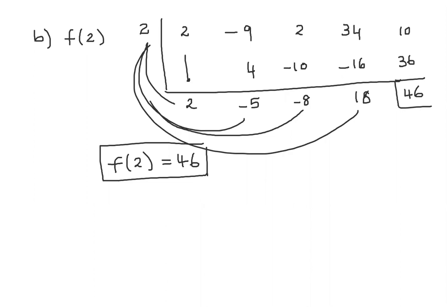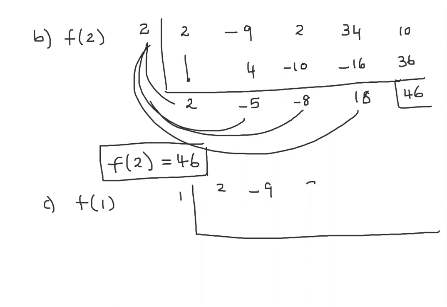The next one we are going to find f of 1. The next question is find f of 1. So we're going to use synthetic division and get the remainder. The remainder is always going to be the answer for evaluating the function. 1 times 2.